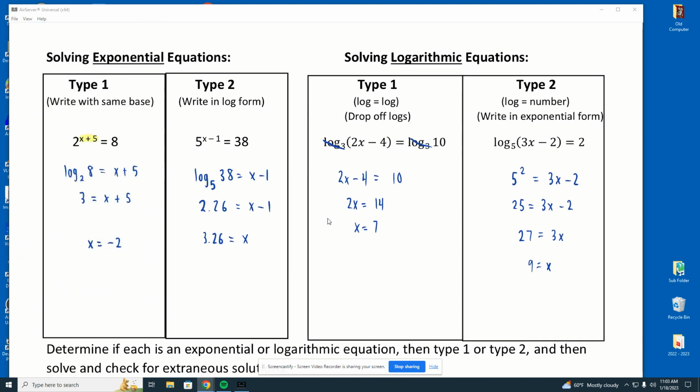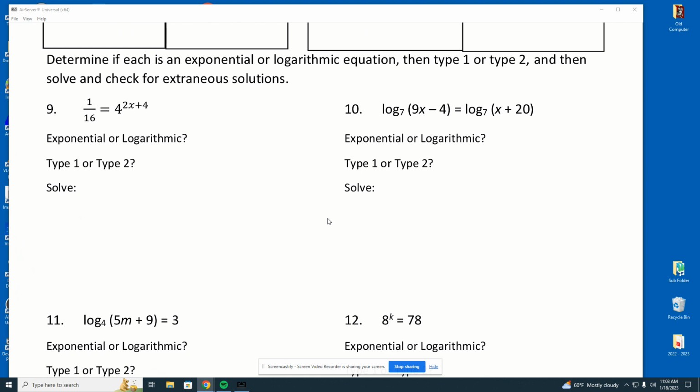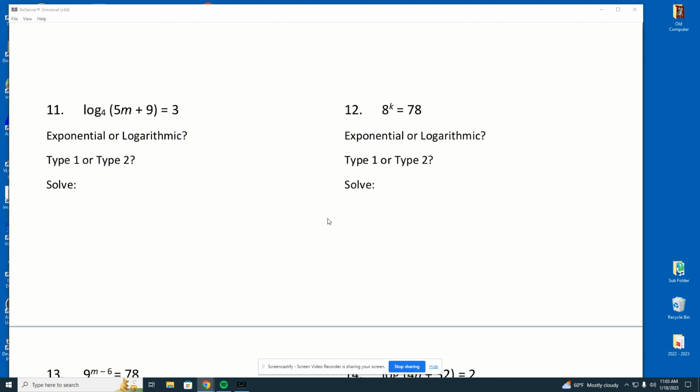Okay, so let's move on. And I'm just going to go pretty quickly through these. In fact, let's knock this out of the way real fast. Exponential or logarithmic on number 9? Exponential. Number 10. Logarithmic. Number 11. Logarithmic. See, you see the word log. Number 12.